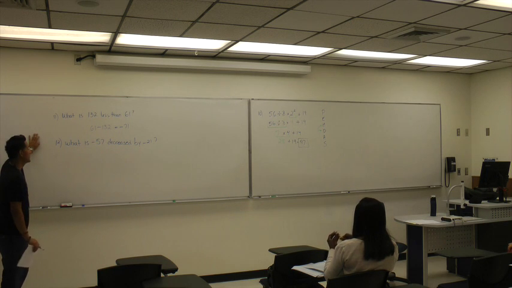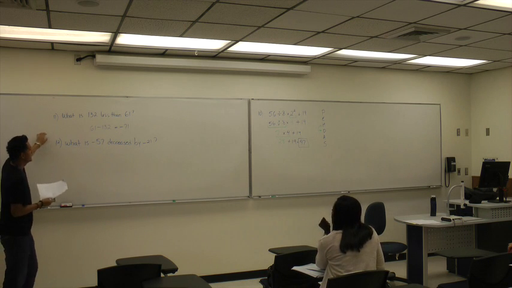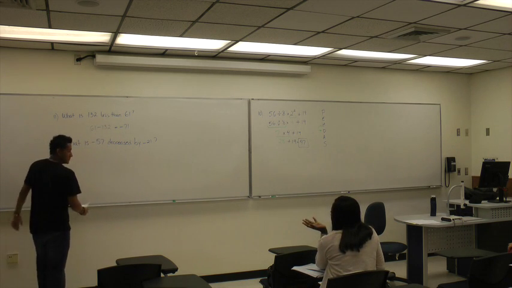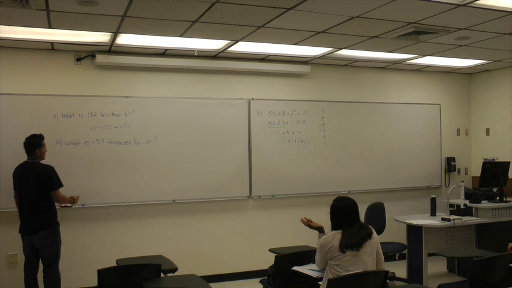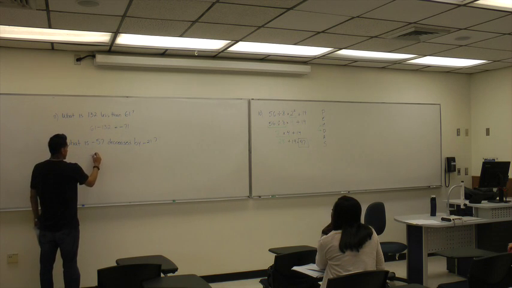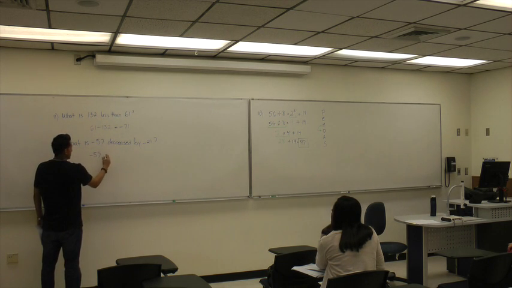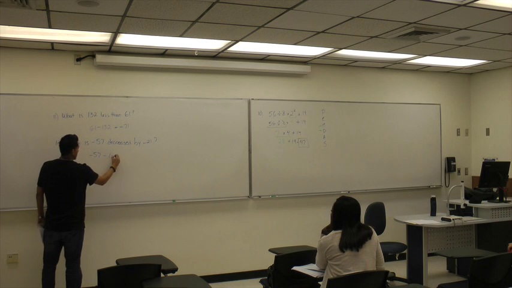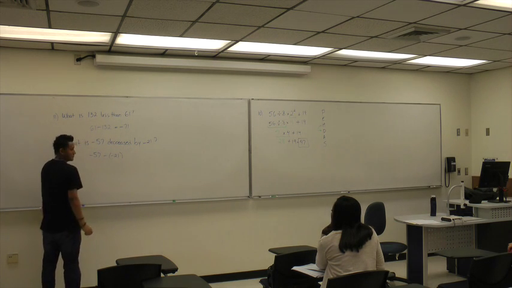Did I do this right? Alright, what is negative 57 decreased by negative 21? I did not like that. Decrease is subtraction, the same thing as saying less than. So that will be minus. If we put it in numbers, we will have negative 57, decrease minus, and then we have a negative 21. Two negatives becomes positive, so we add.